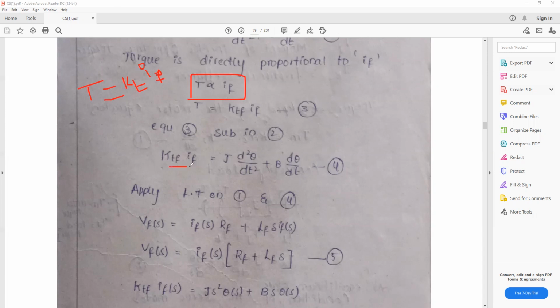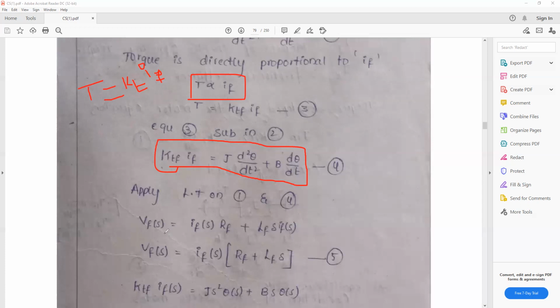Substitute torque KTF into IF in equation 1 or equation 2. KTF IF is equal to J into d square theta by dt square plus B into d theta by dt. Apply Laplace transform on the field loop equation and the fourth equation.